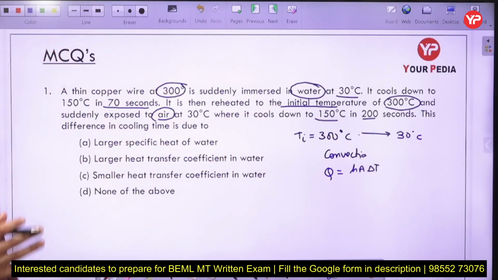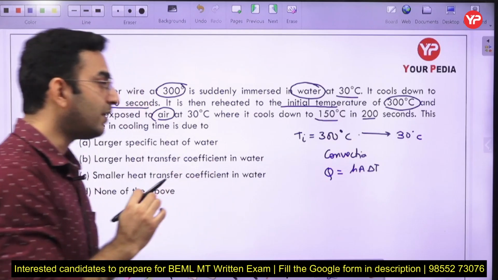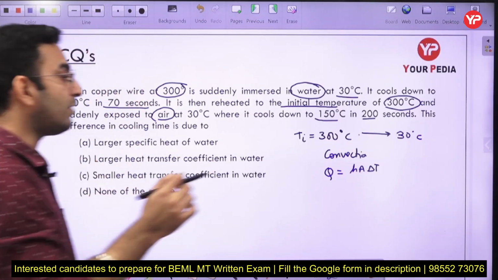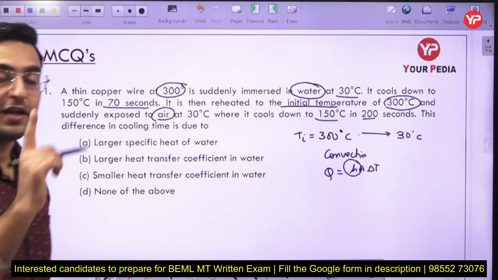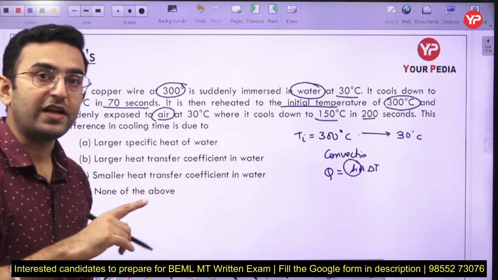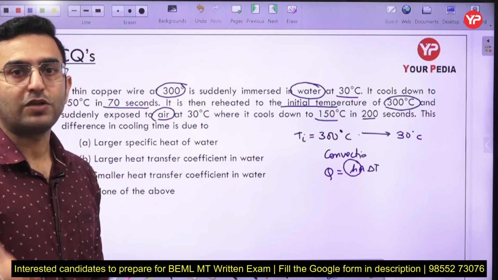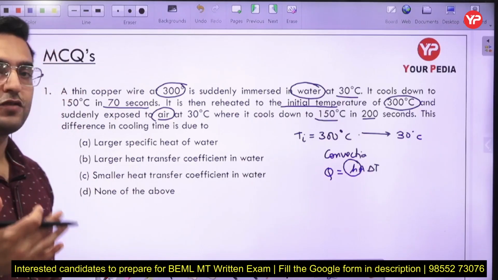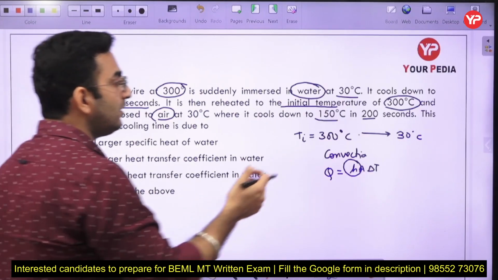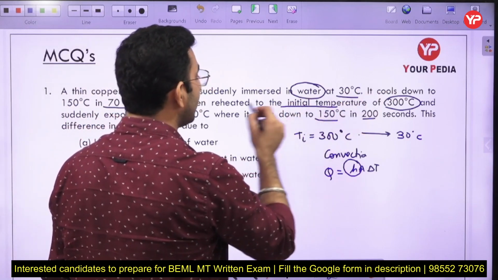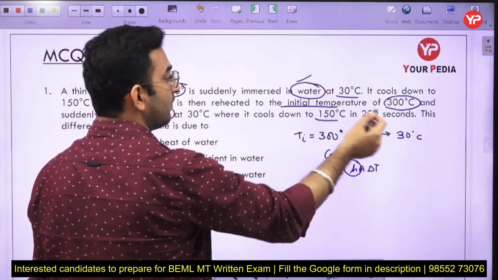The outer surface area and the temperature difference are the same, so the only parameter creating a difference is the heat transfer coefficient. The heat transfer coefficient for liquids is generally higher than for gases, whether free convection or forced convection. That is why the cooling rate is much higher in water as compared to air.